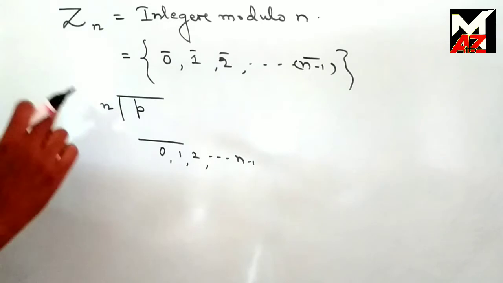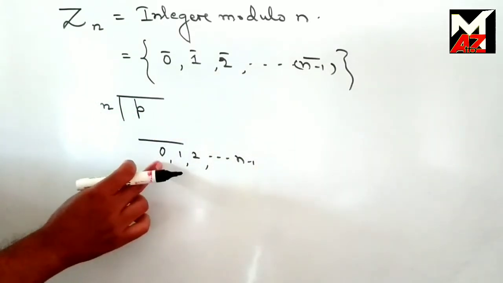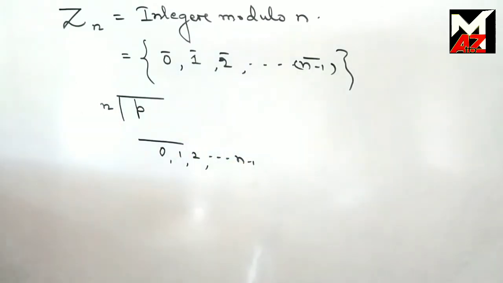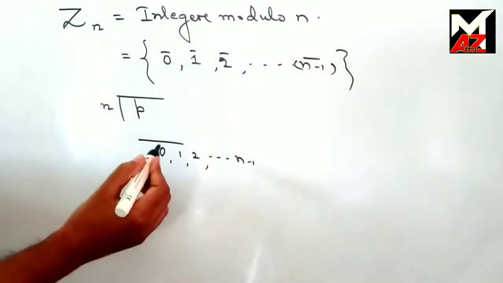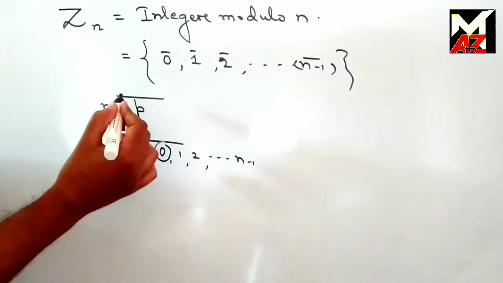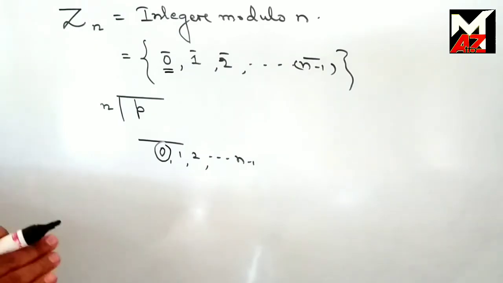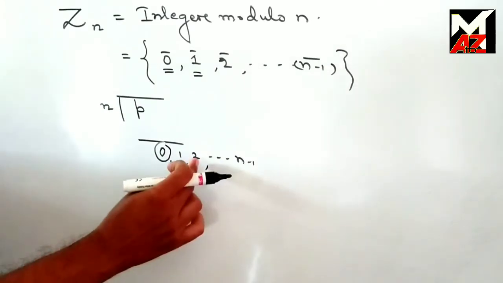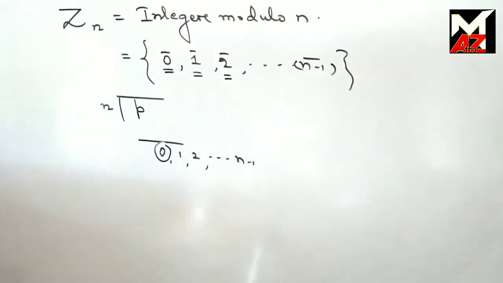All the elements like p which give remainder 0 are in the 0 class, those giving remainder 1 are in the 1 class, and if it gives remainder 2, then all those elements are in the 2 class. Okay.